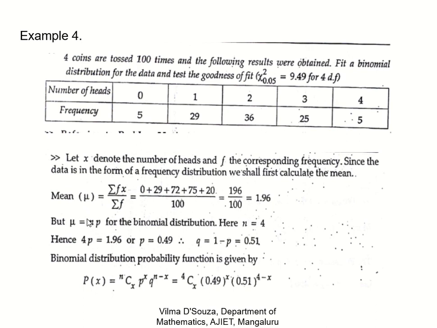You have the value of mu, you know what is n, calculate p. p is 0.49, so q is 0.51. Binomial probability function is given by P of x is equal to nCx p power x q power n minus x. So n is 4, p is 0.49, q is 0.51. Substitute: 4Cx 0.49 to the power x 0.51 to the power 4 minus x.